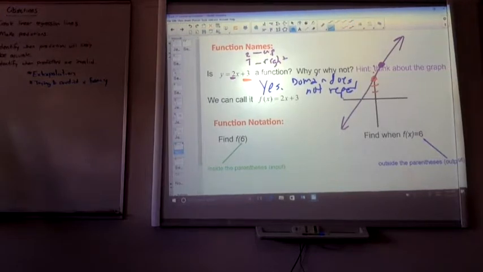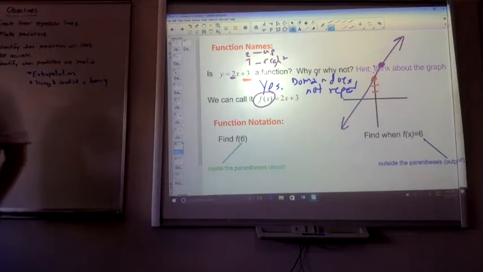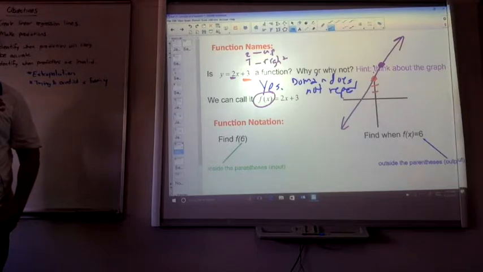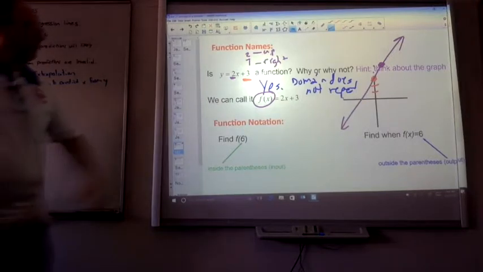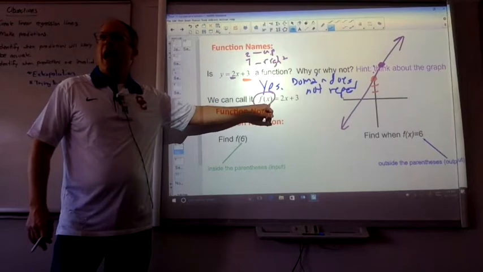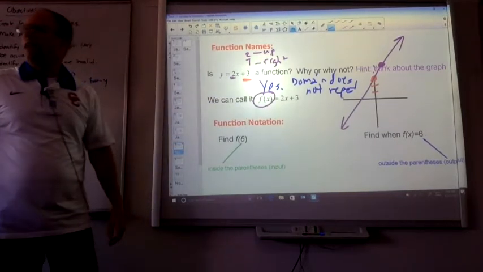Then, some of you might have noticed that they might have had some things written like that on the pretest, yes? Yeah. That's called functional notation. It's a fancy way of writing y. So what's the difference between y equals 2x plus 3's graph and f of x equals 2x plus 3? The graph looks the exact same.